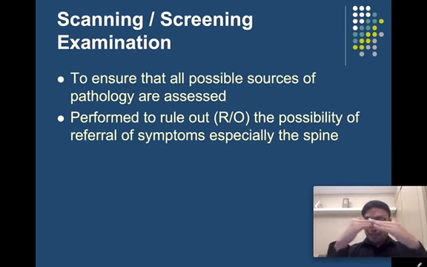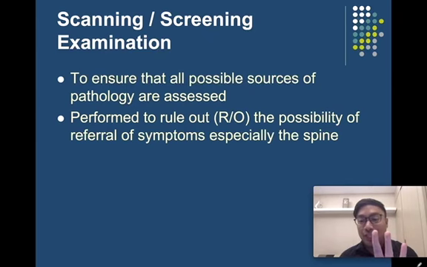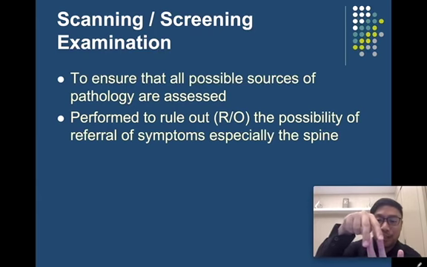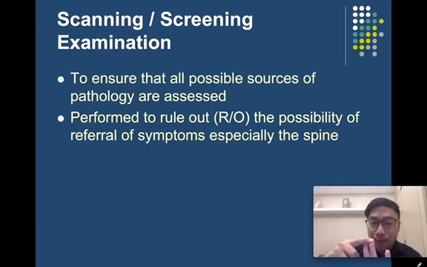Like for example, in the spine, you have your dermatomes, right? And they overlap. So the special tests will give us more or less an assessment result wherein you need to do at least three special tests. One or two special tests to confirm the condition, and we need to do a rule out.